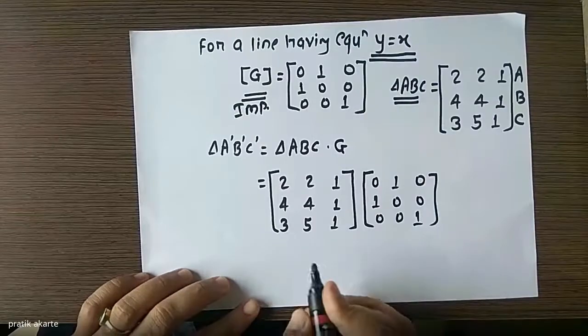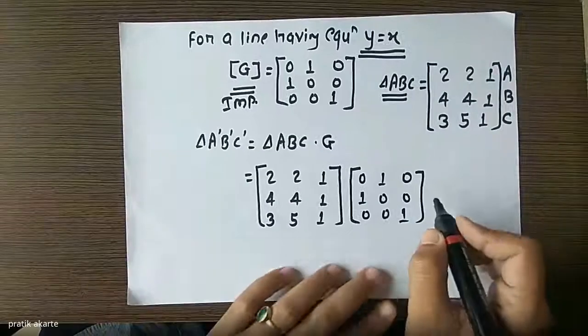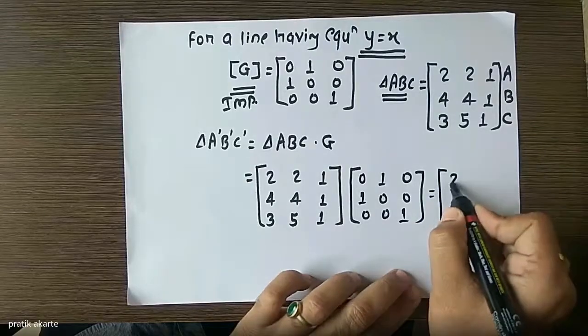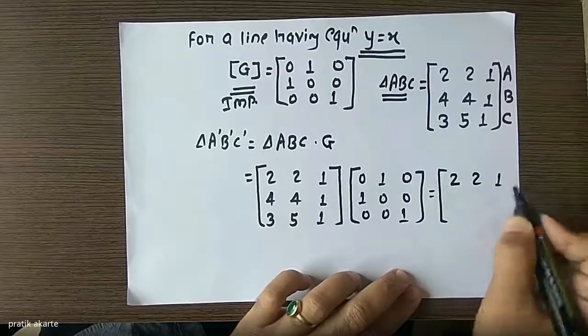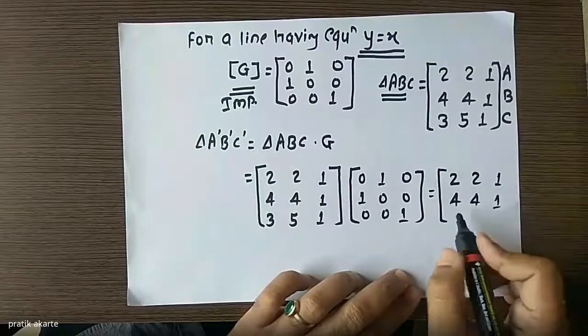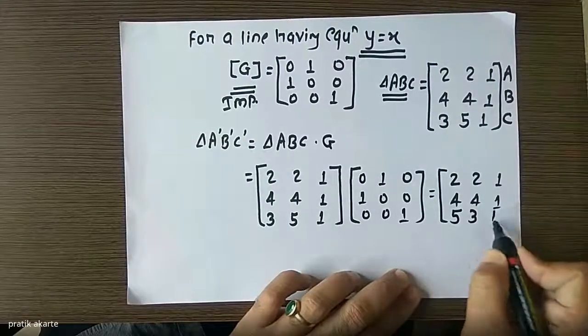So after multiplication, we get the new matrix as 2, 2, 1, 4, 4, 1, and 5, 3, 1.